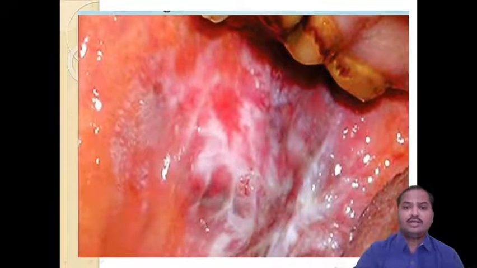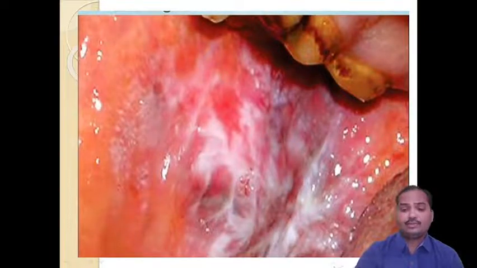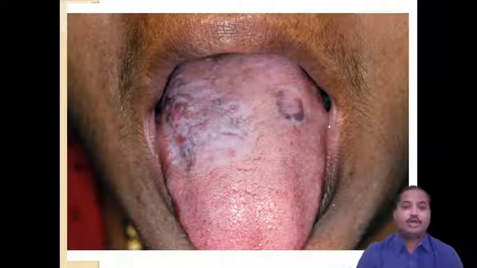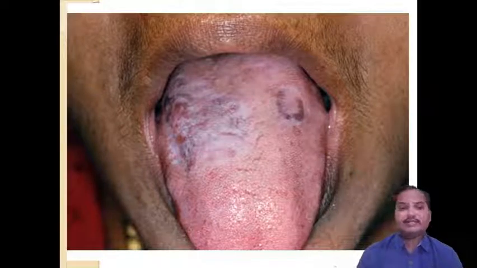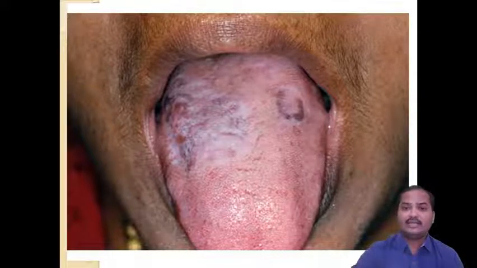But as we see, the whole chunk or the majority of the lesion is plaque type. So we can see that this is a plaque type of lichen planus. On the tongue, we can see that the lesion is present on the dorsal surface of the tongue with a ring-like lesion on the left side, but a greater homogeneous or plaque-like lesion on the right side.